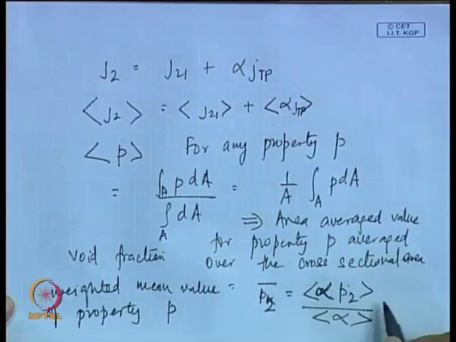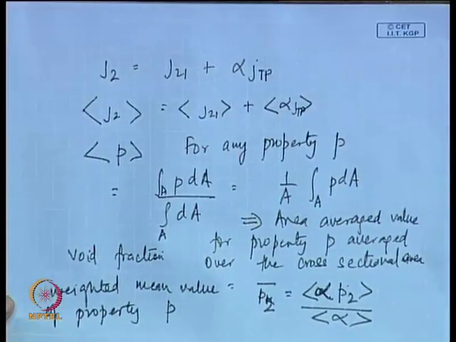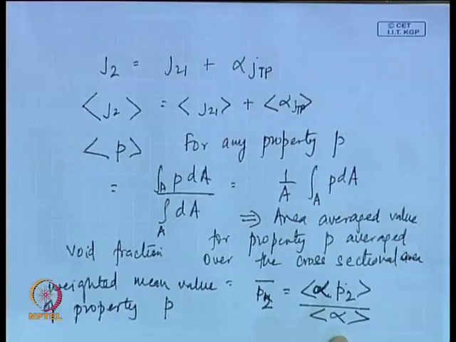But the weighted mean value, this is also pretty straightforward. It is just the weighted mean value which gives you the total distribution divided by the void fraction, or divided by the area over which it is distributed. For P2, it is alpha P2 by alpha. If it would have been P1, it is 1 minus alpha P1 by alpha.